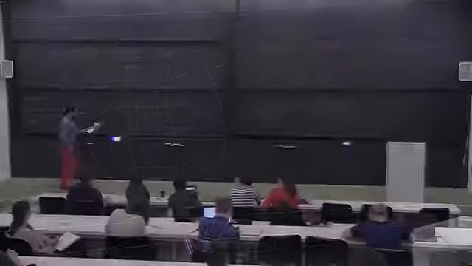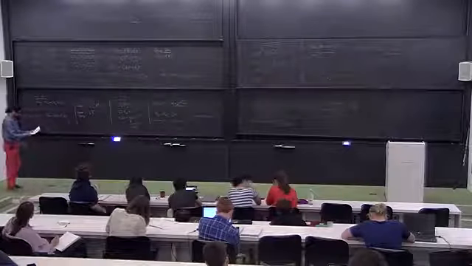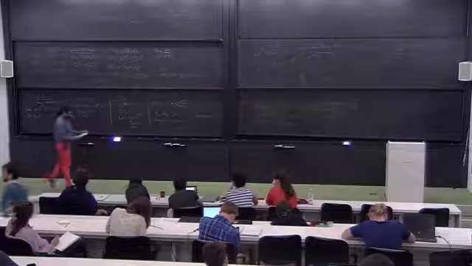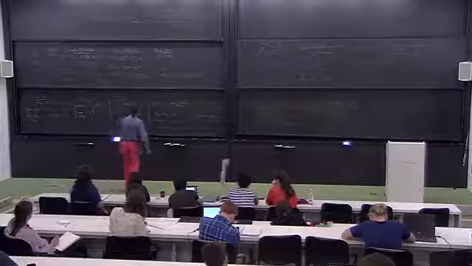So that's the geometric meaning of gauge fixing. So let's quantize our theory in the Lorentz gauge.